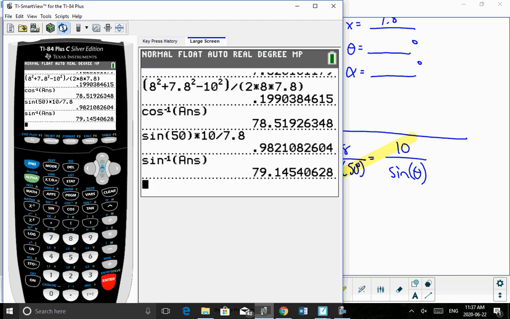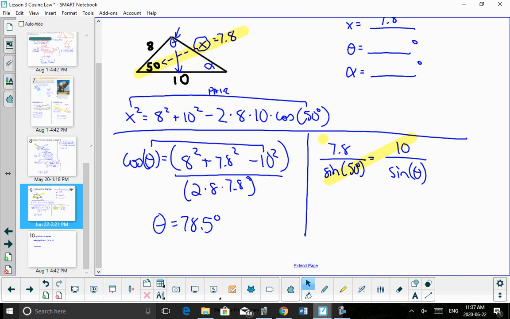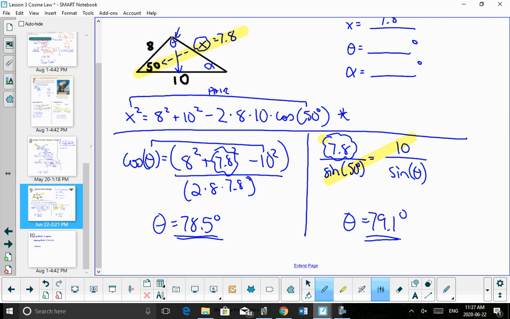Notice this one gives me 79.1. Both would round to 79 degrees. The reason it's different is that 7.8 didn't exactly equal 7.8. That was the answer from the earlier line, and I rounded it. Because you're using a rounded answer, it throws off the next answer. If we round to the nearest whole number, we both end up at 79.